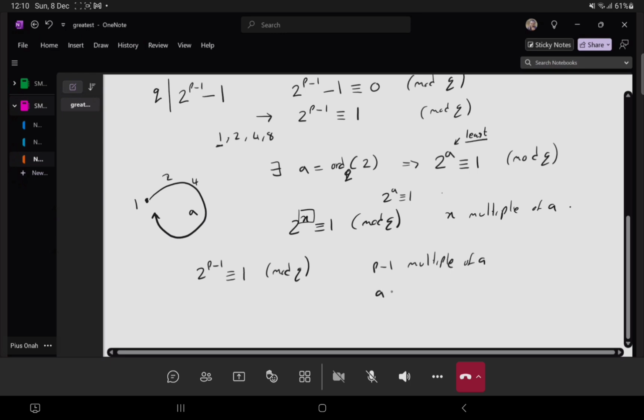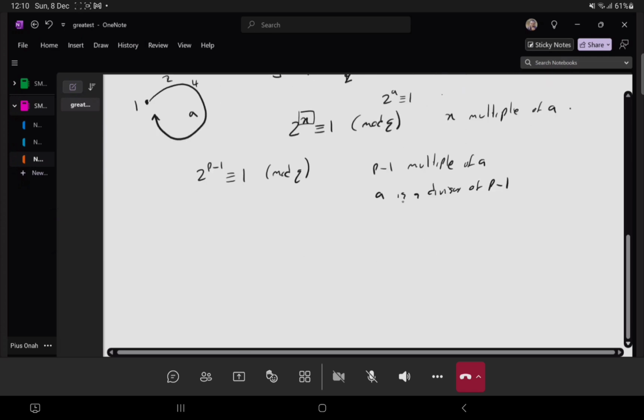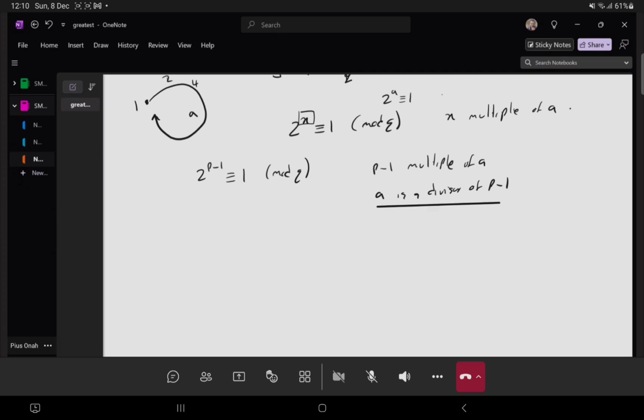In other words, a is a divisor of p minus 1. And if a is a divisor of p minus 1, this will also hold. So this actually captures that information completely.